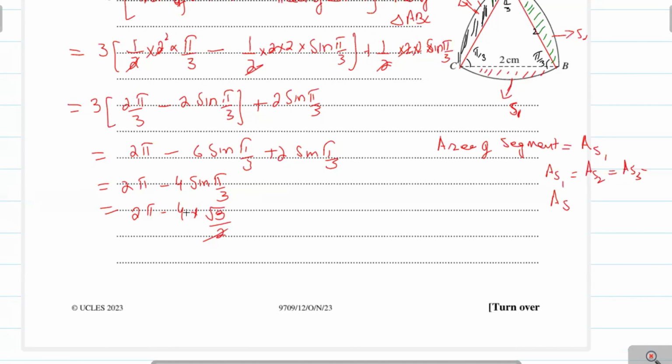Now 4 times 1 over 2 is 2, therefore we can write 2 pi minus 2 square root 3, and this is the answer.